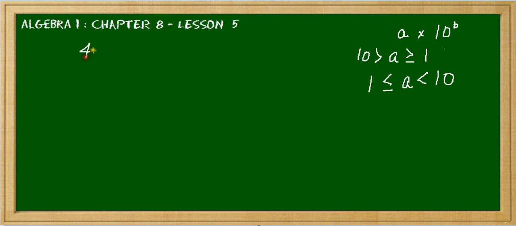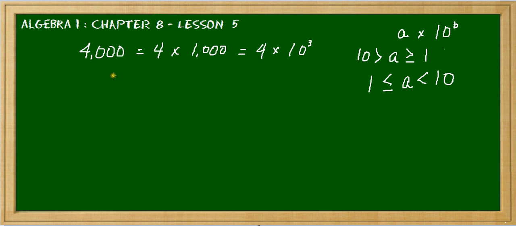We've got 4,000, and that's going to be equal to 4 times 1,000, which is equal to 4 times 10 to the third power, since 1,000 is 10 times 10 times 10, so that is 10 to the third power, right?